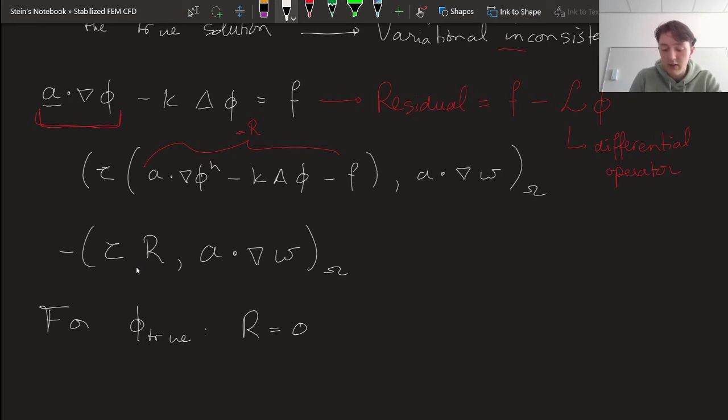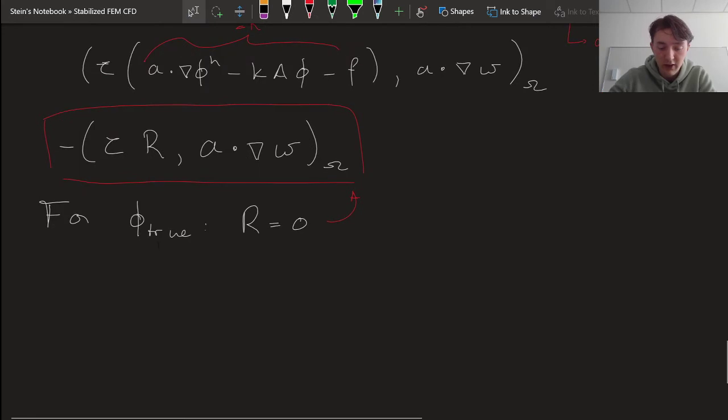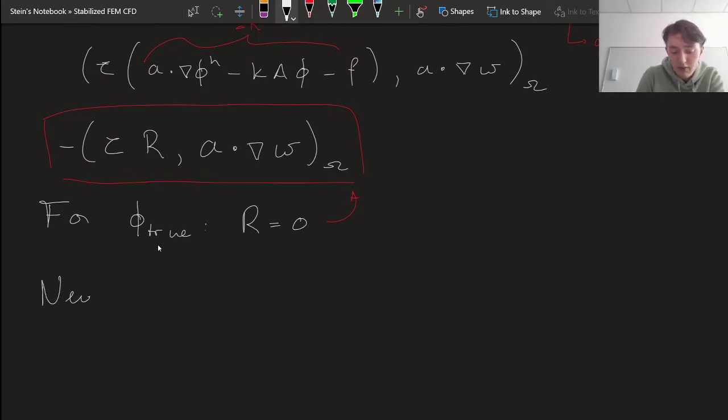Which means that the additional term that we're adding is actually equal to 0 for the true solution.